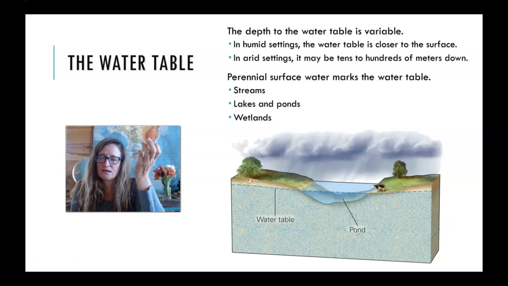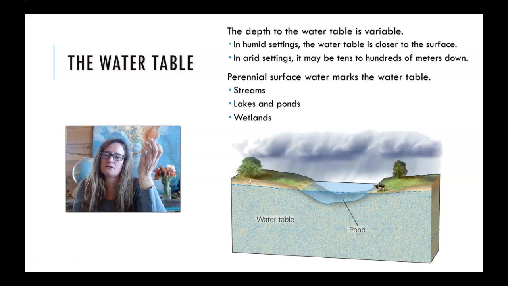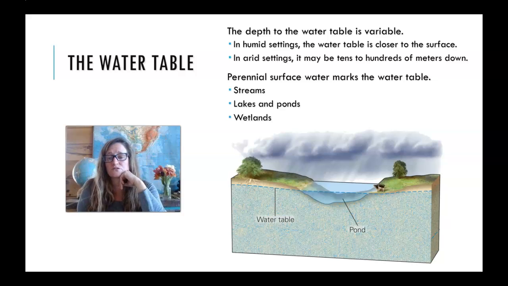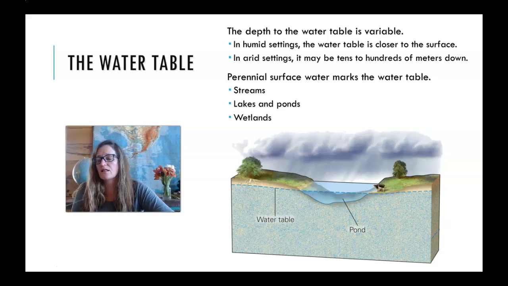In a humid setting, so let's just say east of the Mississippi, the water table is pretty close to the Earth's surface. In arid settings, so we'll say west of the Mississippi, the water table can be tens to hundreds of meters down.